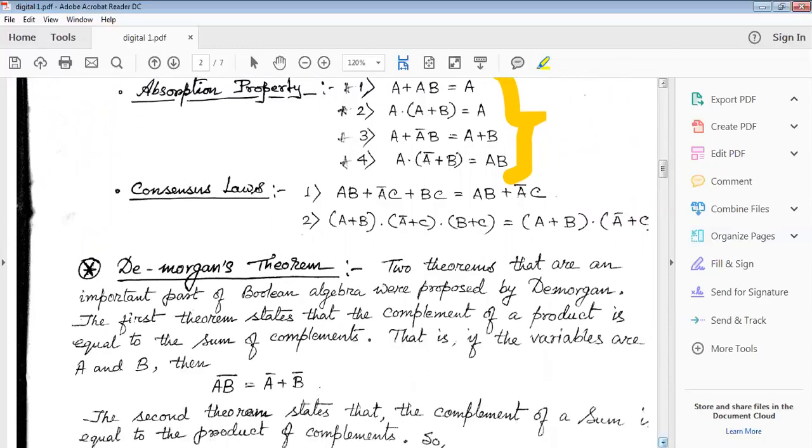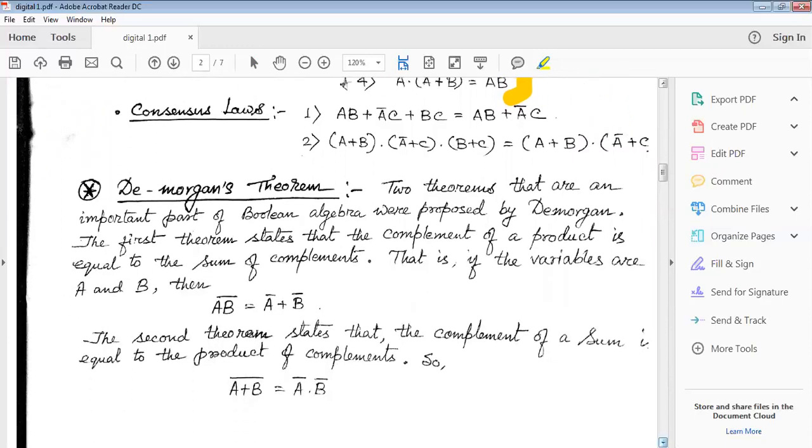And this De Morgan's theorem is a very important part throughout digital electronics study. De Morgan's theorem states two laws. The first theorem states that the complement of a product is equal to the sum of the complements, that is A dot B whole bar equals A bar plus B bar.